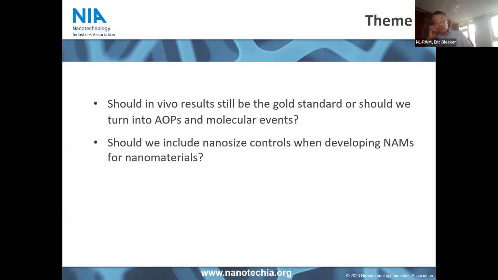On the topic of do we need nano-size controls, it really depends, I think, on the method that you are looking at and what that should work with. The aims that you mentioned matter, whether you're looking at a nanomaterial or something else, but for others it will probably be less relevant. So I totally agree with what was said before.